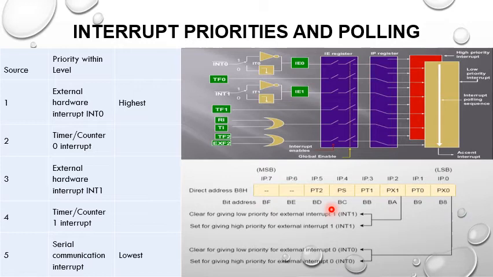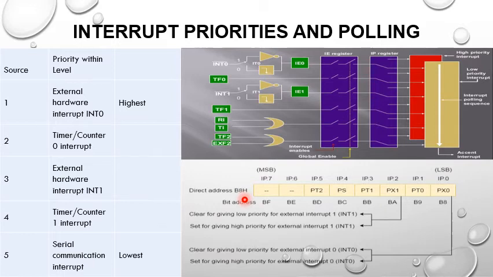For example, if serial interrupt is more important than the timer 0 interrupt, then the interrupt priority register at the address B8H can be programmed to set the priority appropriately.